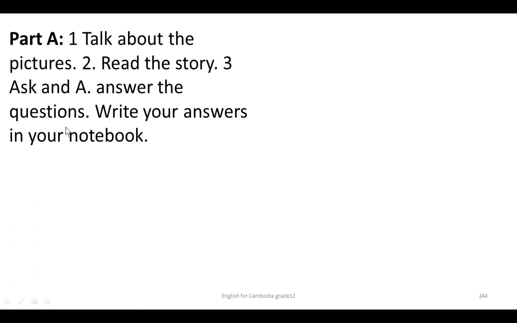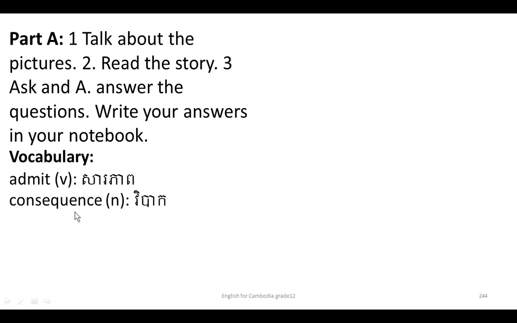We talk about pictures, read the story, and answer the questions. The vocabulary: admit, consequent, consequence, consequently.